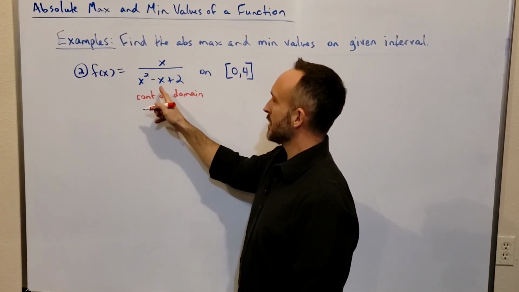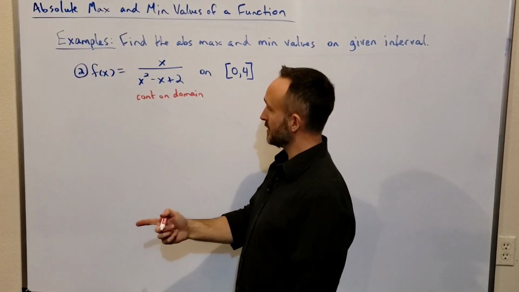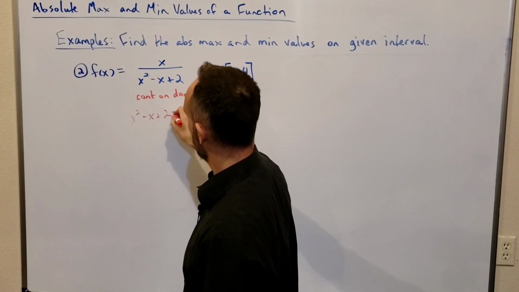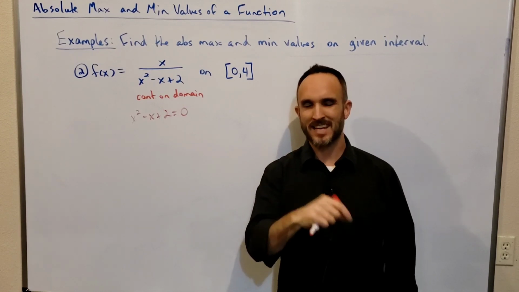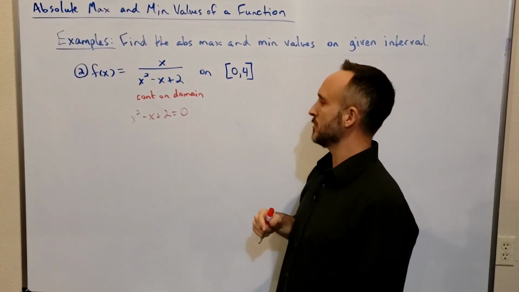Well, the domain of a rational function simply excludes the values that make the denominator 0. We can't divide by 0. So we need to figure out where the denominator equals 0, and that's going to tell us the values that x can't be. Those are going to tell us the places where f is not continuous.